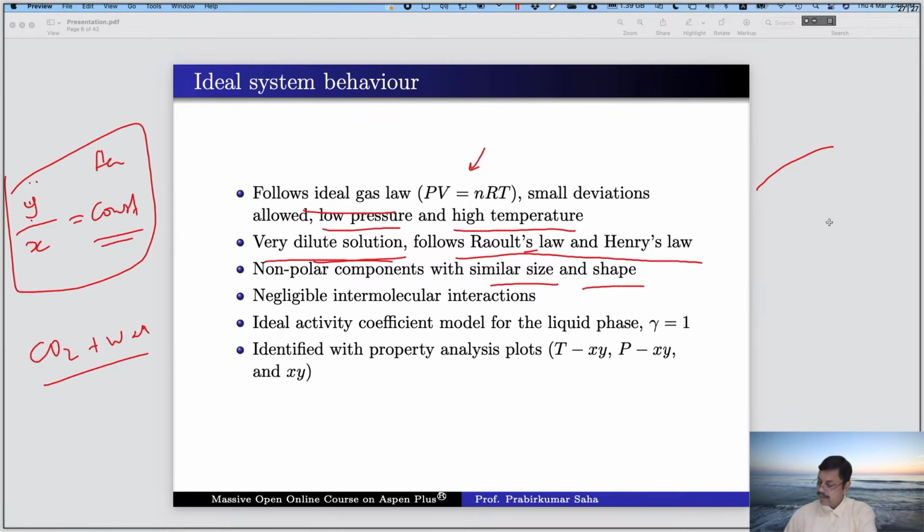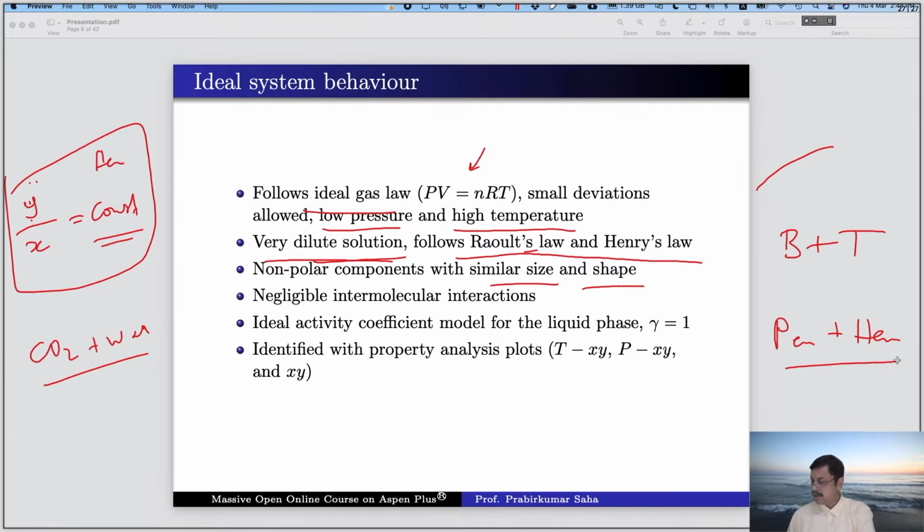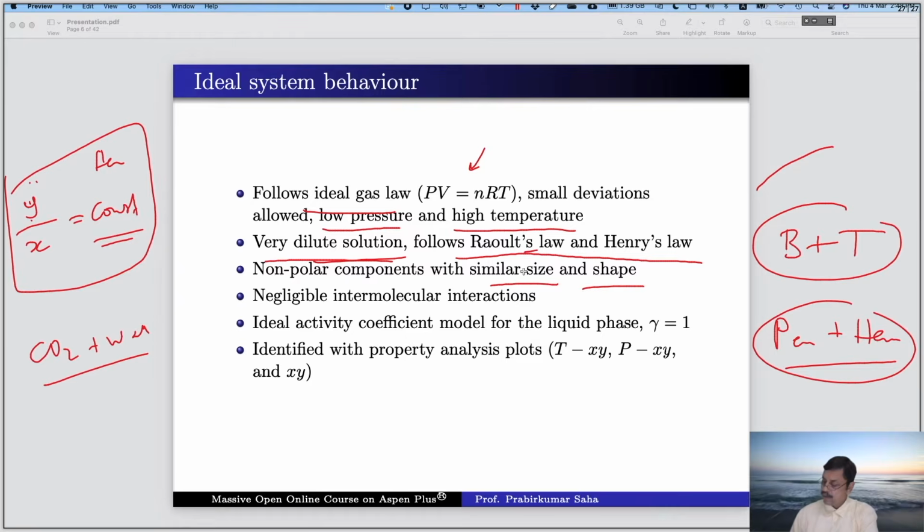For instance, if it is benzene plus toluene, or say pentane and hexane, they follow the ideal solution behavior. In such cases, they will follow Raoult's law. That means for the entire range of concentration, even for 50% benzene and 50% toluene, when the solution is not dilute, this kind of relationship holds.